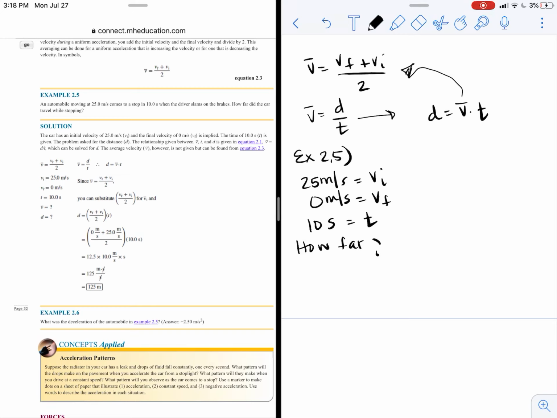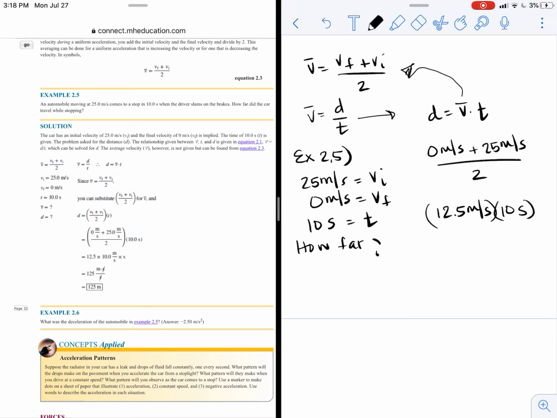I have a final velocity, which was 0, and an initial velocity, which is 25. If I take that and divide by 2, I get 12.5. Then I'm going to take that 12.5 meters per second and multiply it by 10 seconds.